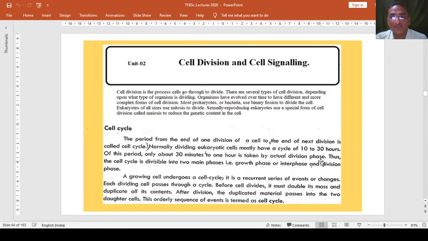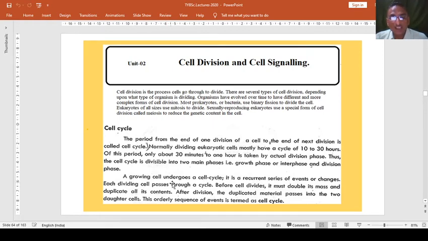Thus, the cell cycle is divisible into two main phases: the growth phase or interphase, and the division phase. In the first half only growth occurs, and in the next half the process of cell division actually starts, and the cell divides into two cells.